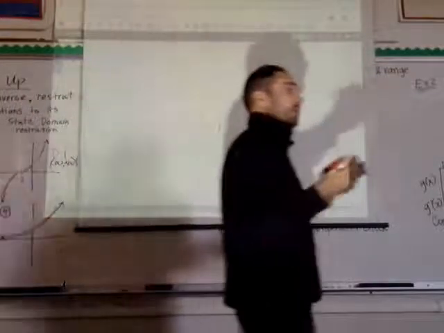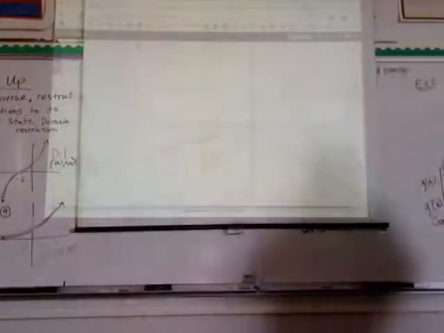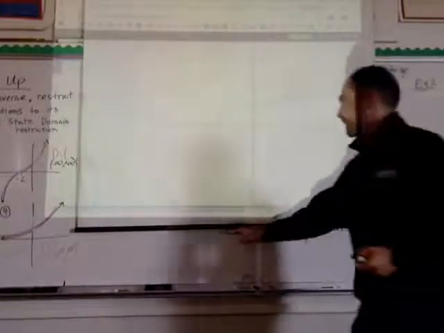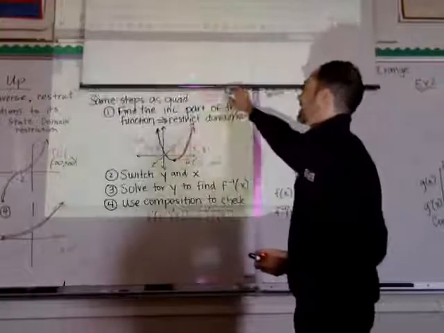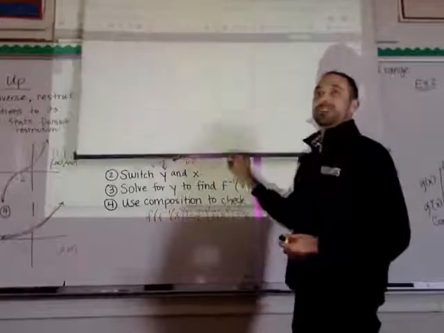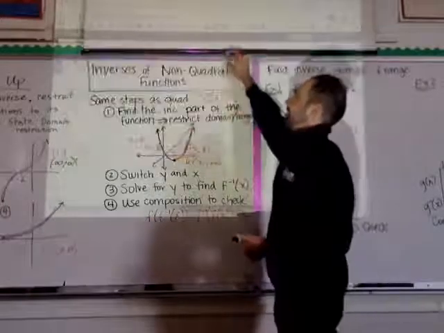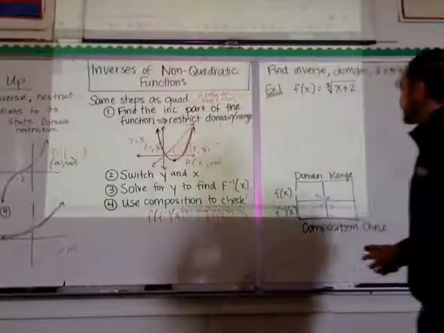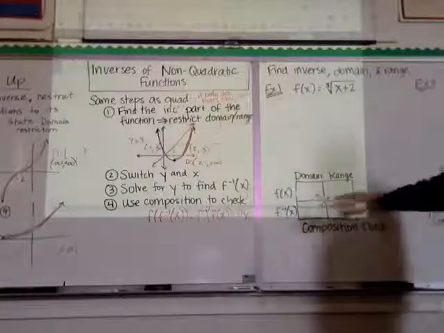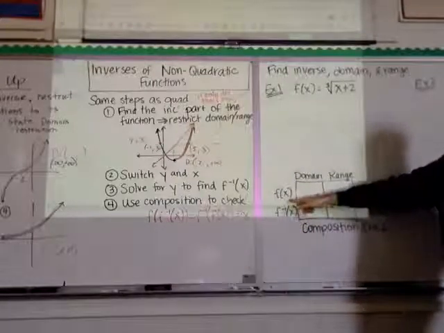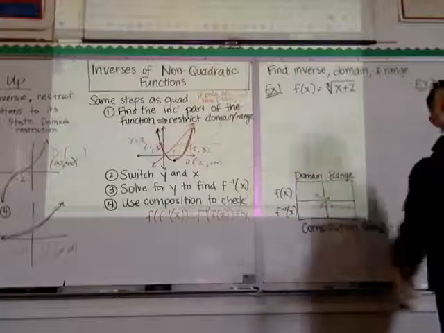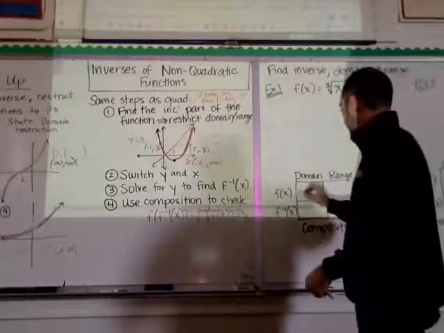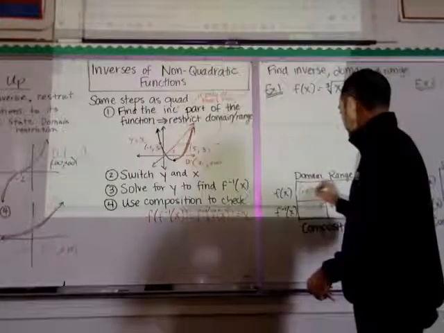So we don't have to restrict the domain here because it's all increasing. So the domain for the function, the actual function before we find the inverse, is negative infinity, positive infinity.